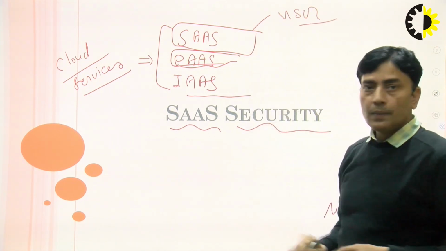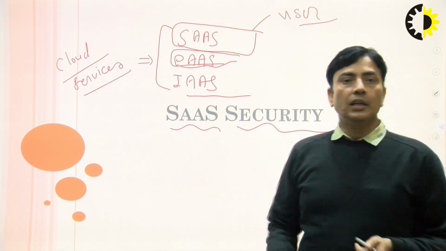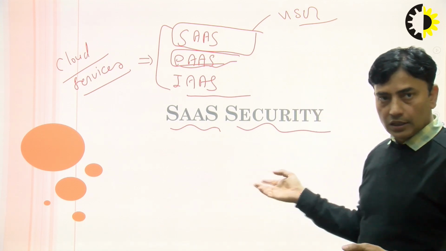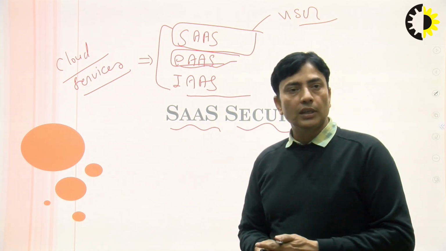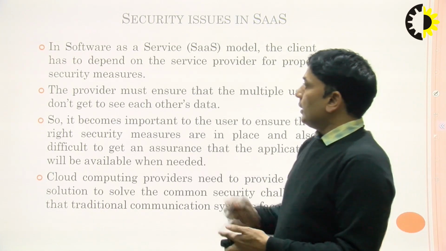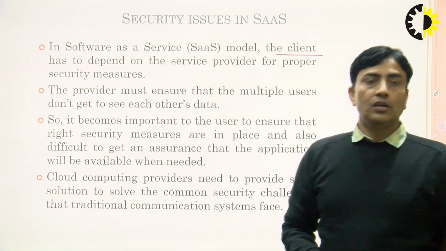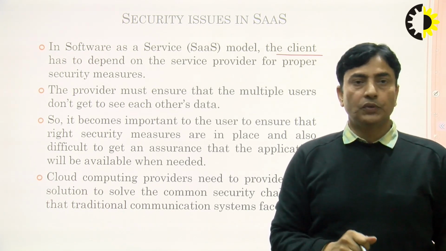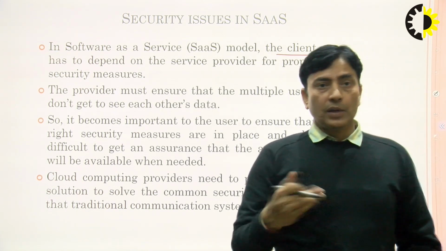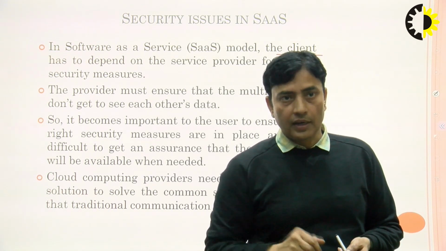And it is very susceptible and vulnerable to different cloud security concerns. So let us see what the different SaaS security concerns are. In SaaS, the client has to depend on the provider for proper security measures. It's a fact, because whenever we store data in the cloud, the security is not in our hands.